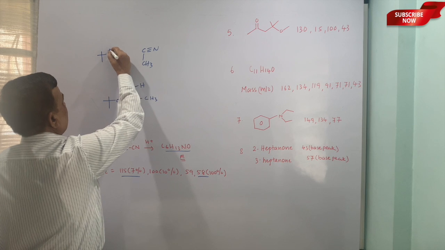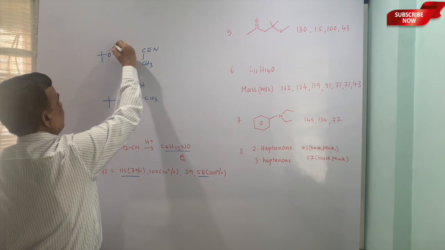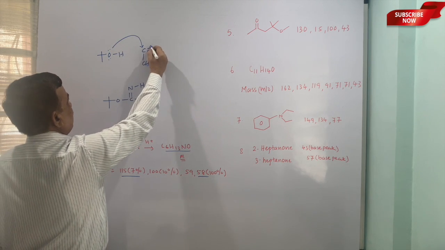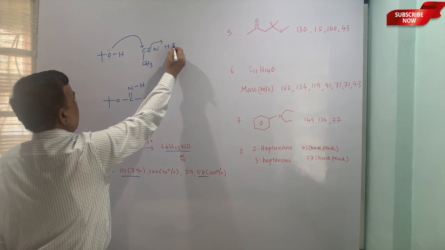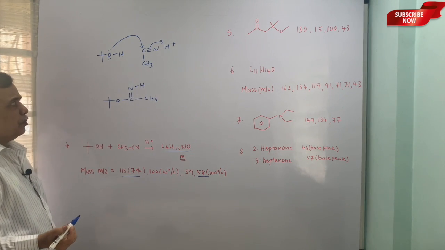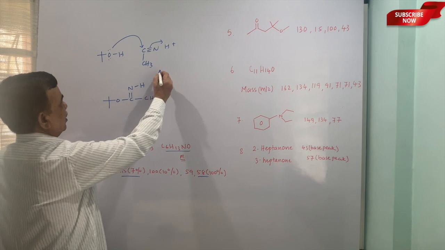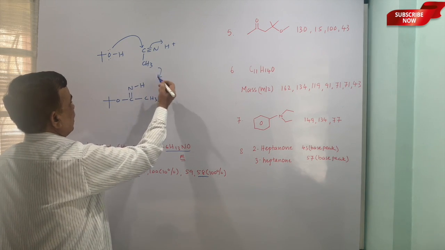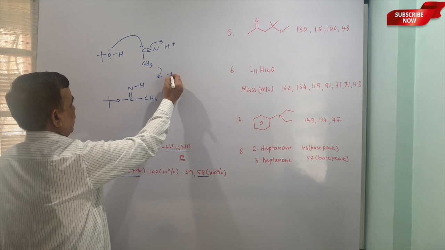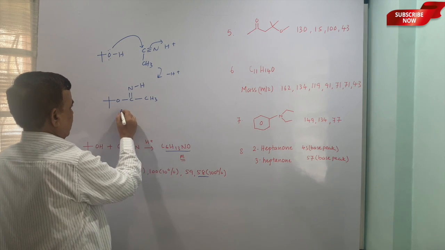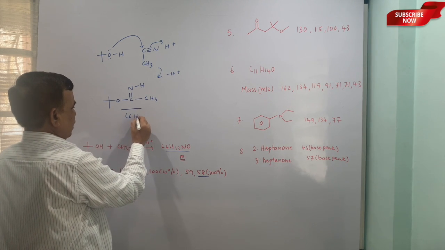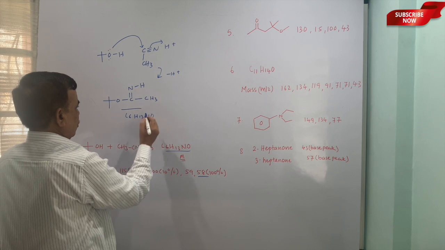You can use this lone pair, and polarization of the CN group, and of course loss of proton is there. Now this is C6H13NO.